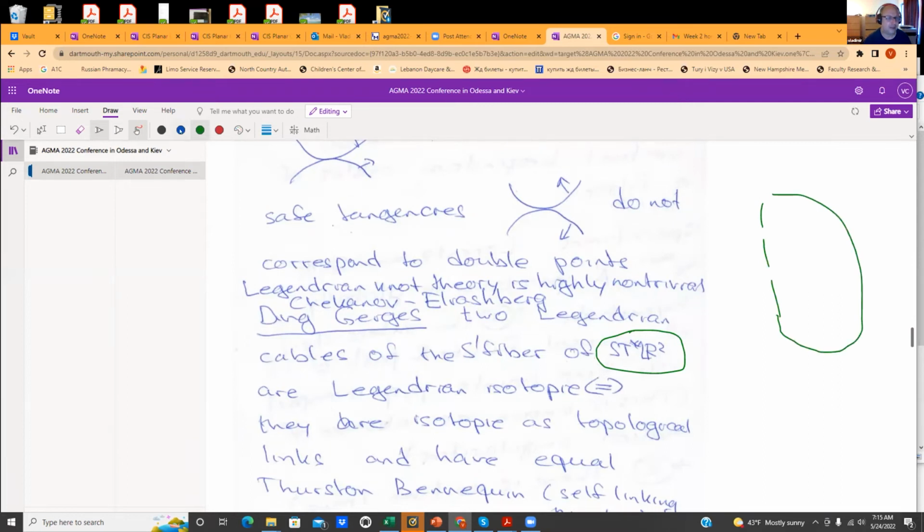And if I draw a cable of this knot, once again, I'm doing something wrong. So how about I draw a blue cable? So I draw a cable of the knot. Then these knots are Legendrian, then this link is Legendrianly simple.